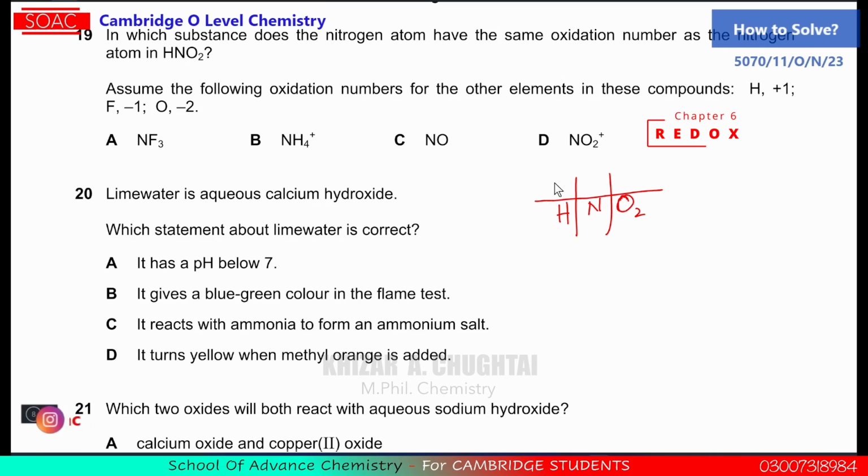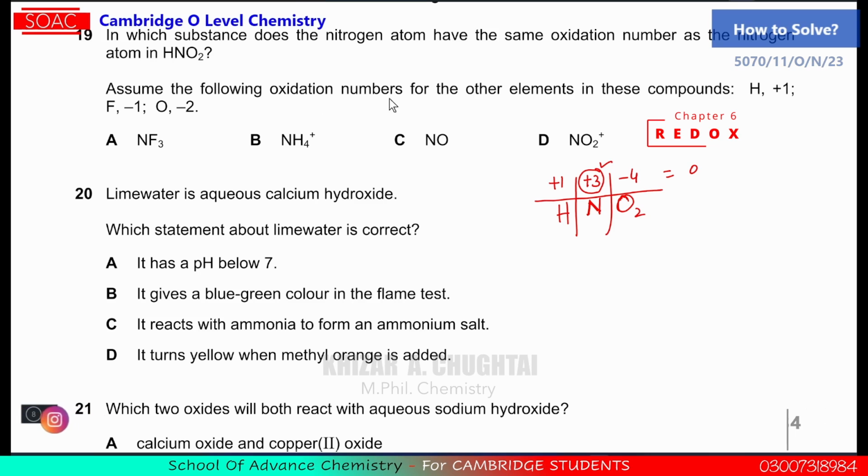First of all, I will write hydrogen +1. Then for oxygen, it's -4, as two oxygens are over here. And the overall sum must be equal to 0. So it must be equal to +3. So in HNO2, the oxidation number of nitrogen is equal to +3.